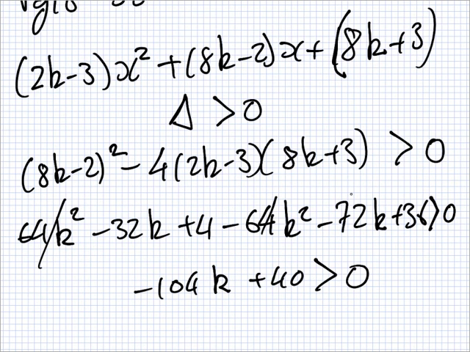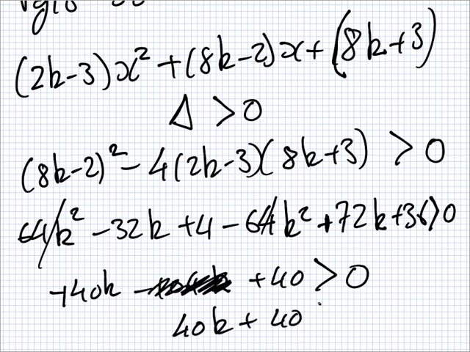Times minus is a plus. That's a 72. So that's minus 32 plus 72. 40. Yeah, okay, sorry. So that's minus 40k plus 40. Yeah. Plus 40? Yeah, and minus 40k. Oh, sorry. Plus 40k. So you have 40k plus 40 bigger than 0.